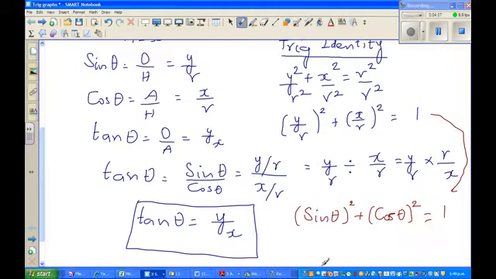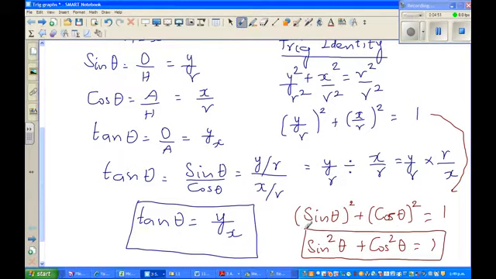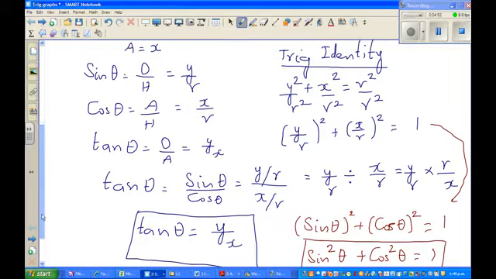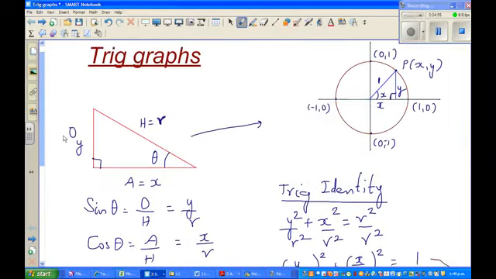In trigonometry, we write sine theta squared as sine squared theta. So sine squared theta plus cos squared theta is equal to 1. This is a very important identity. Probably we'll use that later. These are things that you already know, nothing great.